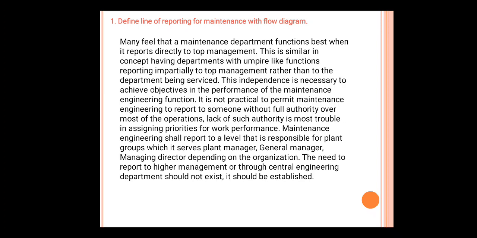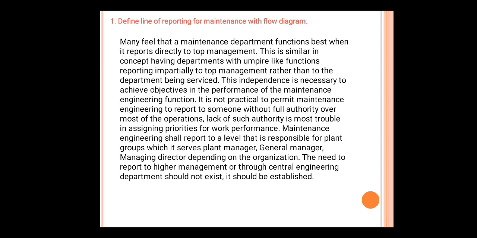This is similar in concept to having departments with umpire-like functions reporting impartially to the top management rather than to the department being serviced. This independence is necessary to achieve objectives in the performance of the maintenance engineering functions.